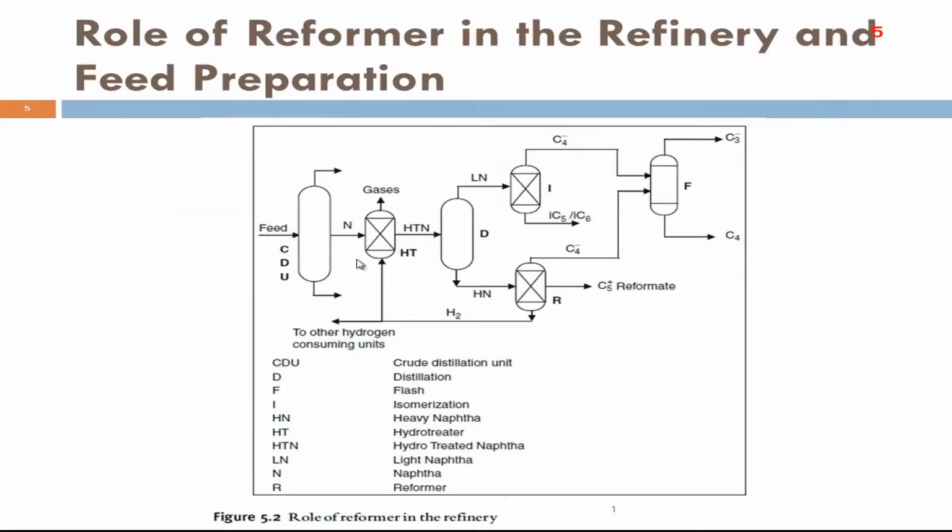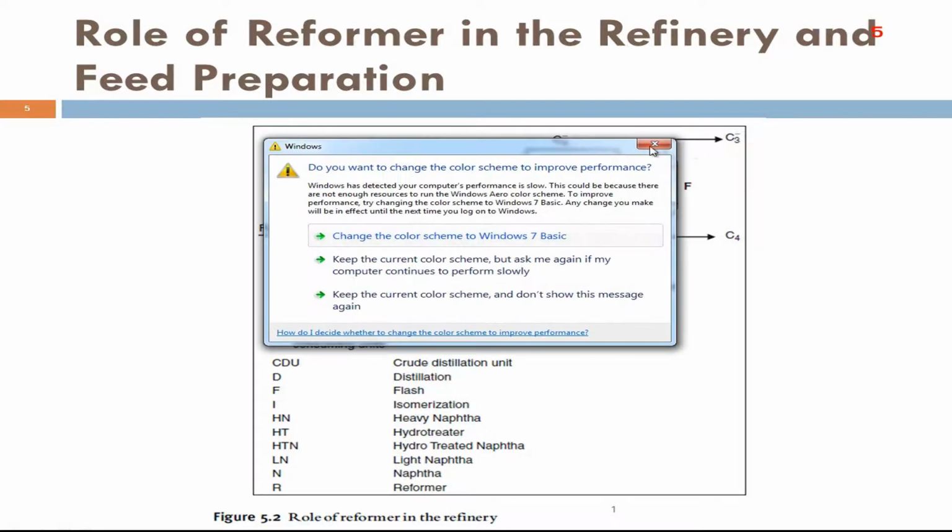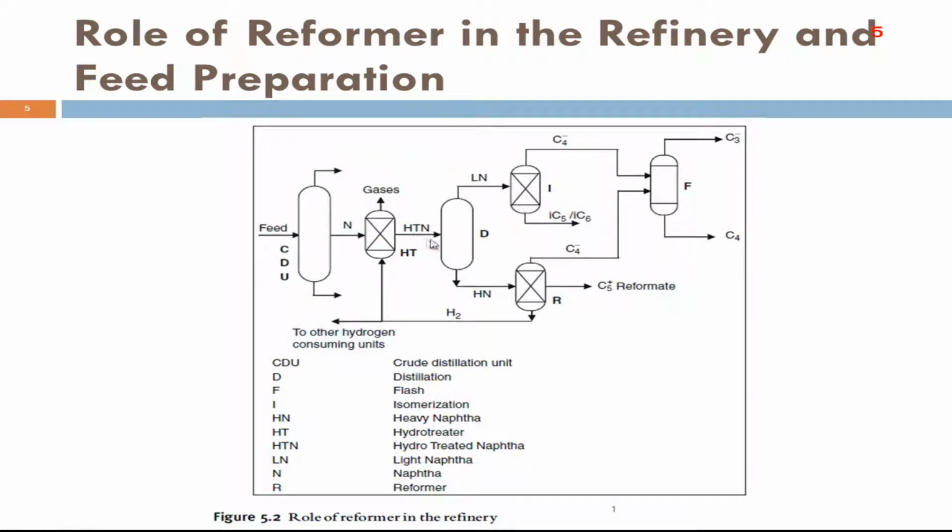We give you the idea of the process here. The naphtha which comes out from the CDU will be treated to eliminate sulfur by the hydrotreating unit, and then the sulfur-free products will be separated into two things, light naphtha and heavy naphtha, based on the different carbon atoms.